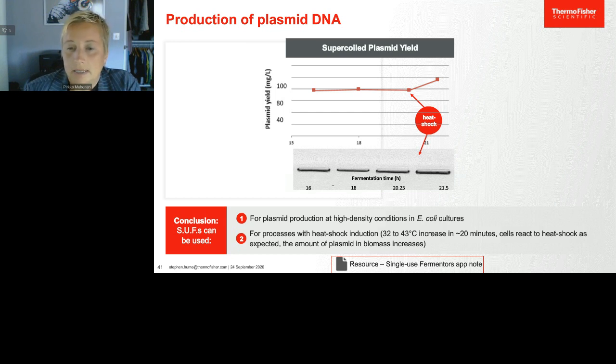The culture was held at 42 degrees for 2 hours before harvesting, and these images really show the amount of plasmid in biomass increases due to the increased temperature. I also wanted to mention that this study included the Kipco-Bacto yeast extract and Kipco-Python peptone, and you can now download the application notes on this slide.